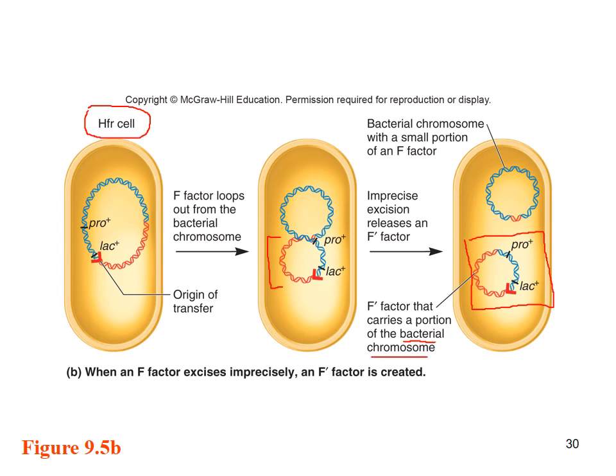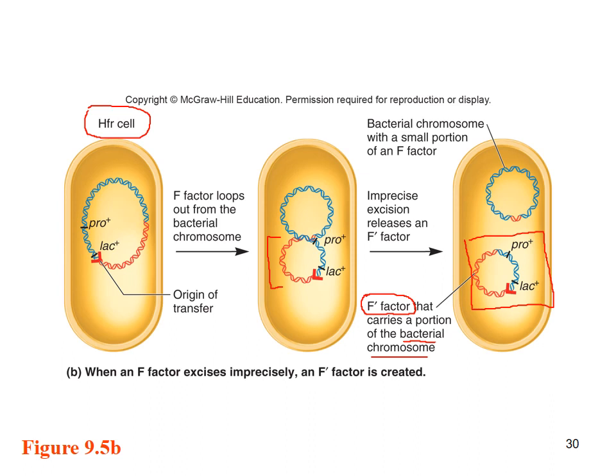For instance, it says right here, you have the gene for proline, which means you're able to generate that amino acid, and also the gene for lactose, which was originally found in the bacterial chromosome. Notice the blue coloration. So when you see that the factor is ejected and it's now a combination of original plasmid and bacterial chromosome, we're going to call it an F prime factor.